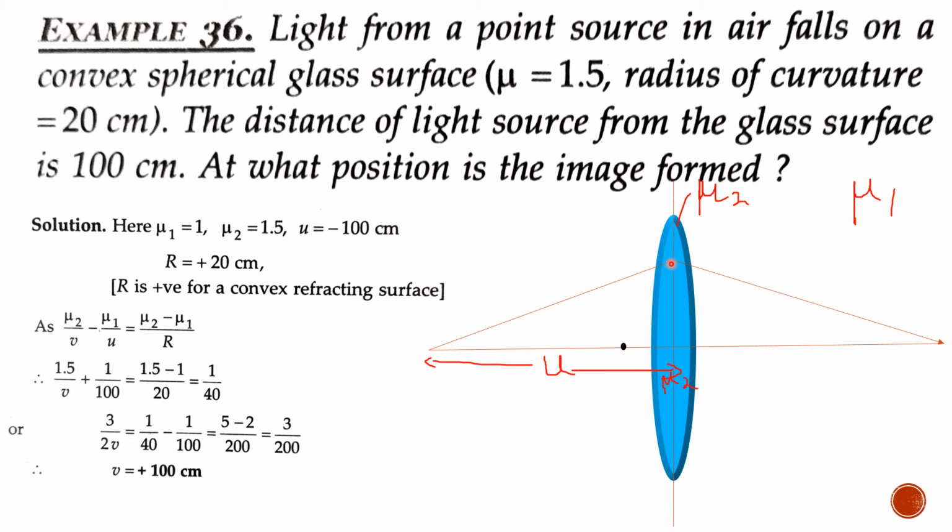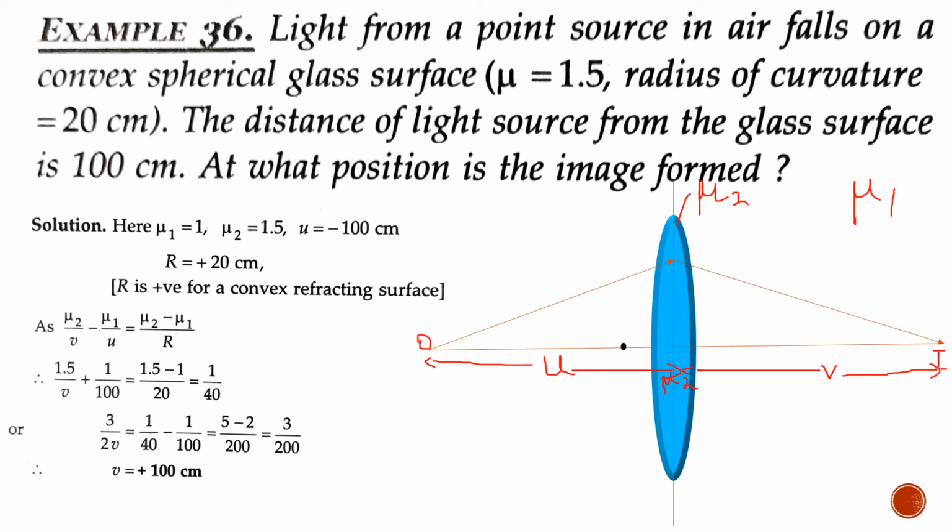When it strikes the refracting surface, what happens? The light undergoes refraction and it bends towards the normal. So it forms an image at this point. This point is your I, and this distance is your image distance, which is denoted by v.